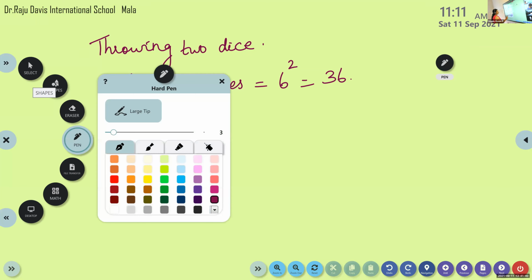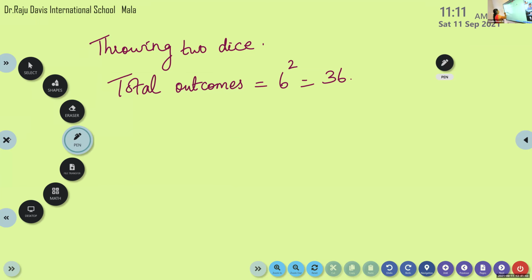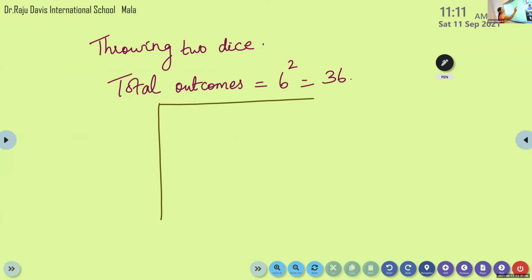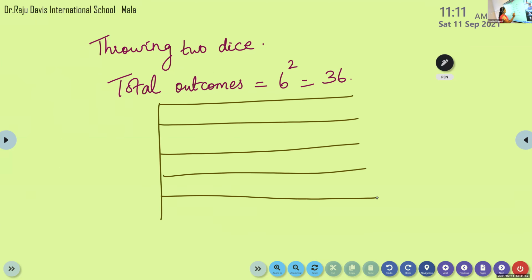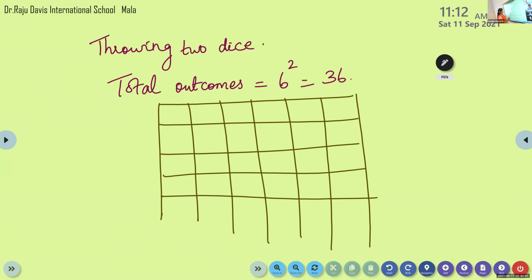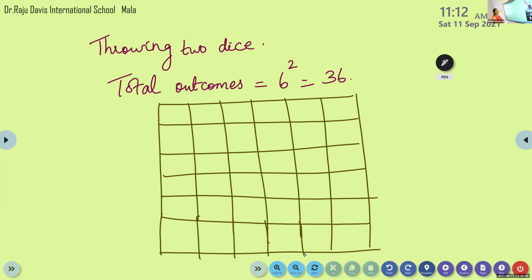Now we are going to write all possible outcomes. So what are the possible outcomes? When you throw dice, the possible outcomes are 1,1; 1,2; 1,3; 1,4; 1,5; 1,6.